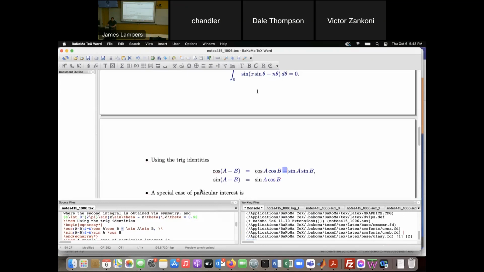Oh, well, the cosine one is a plus, the sine one is a minus. Okay.